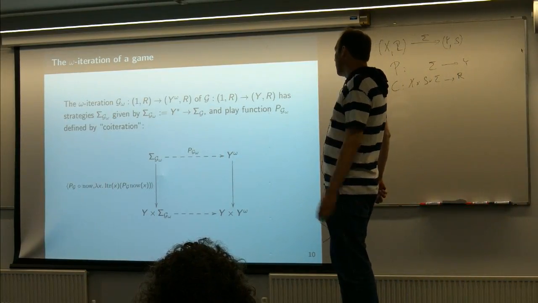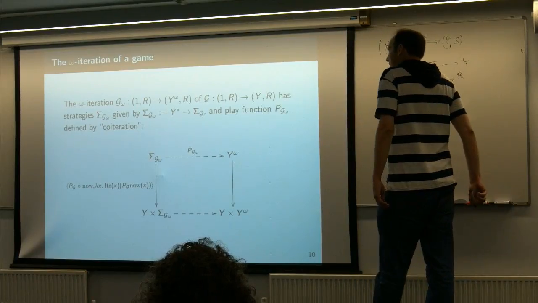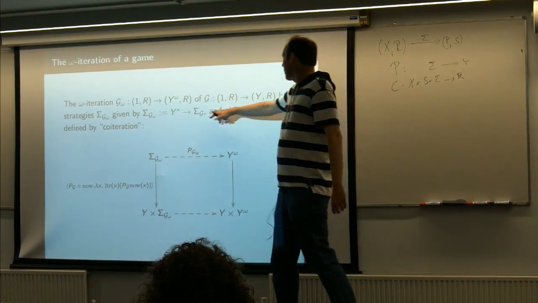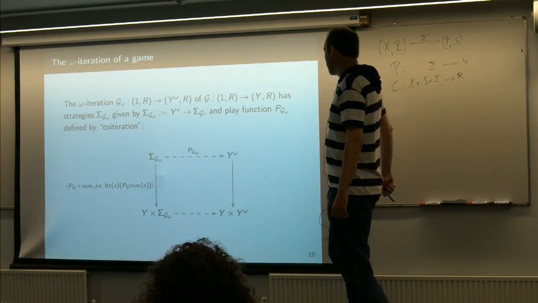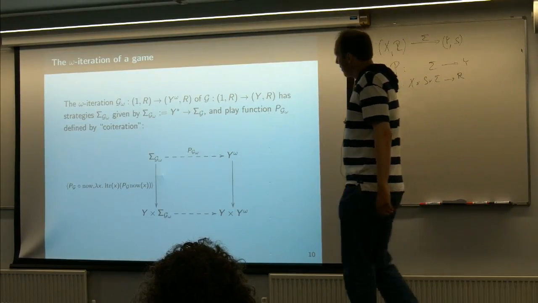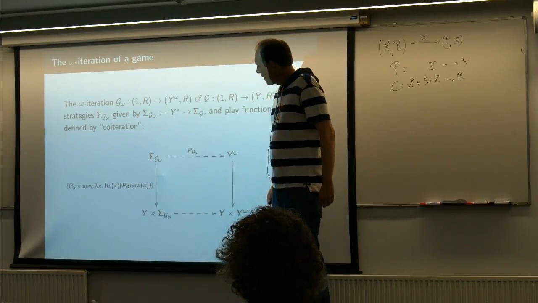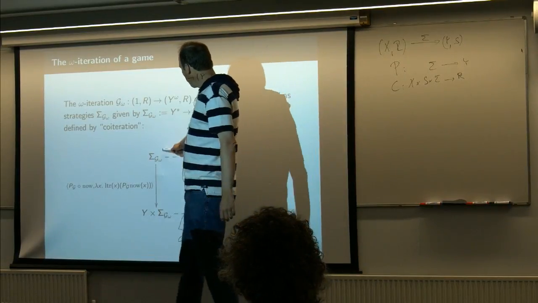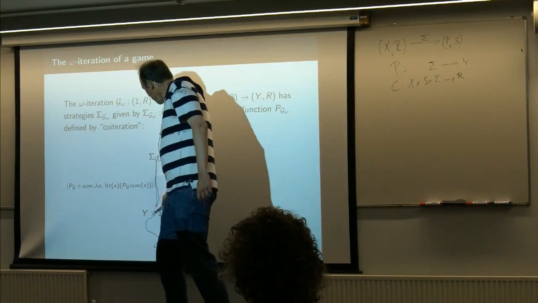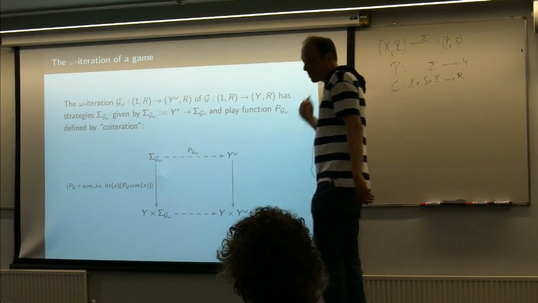And then the play function for this thing, given such a thing, can be defined using the final coalgebra for the other functor. Because if we are having a strategy here, we can turn this into a coalgebra of the right type.